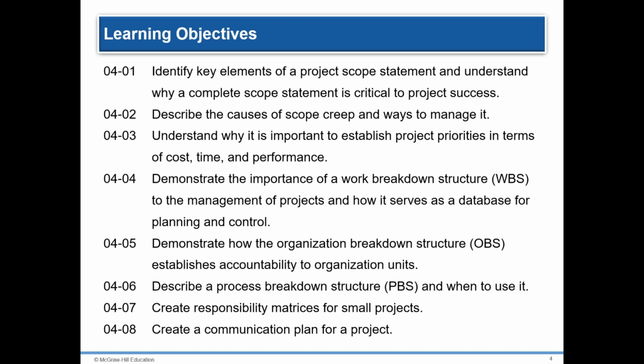Demonstrate the importance of a work breakdown structure to the management of projects and how it serves as a database for planning and control. Demonstrate how the organization breakdown structure establishes accountability to organization units. Describe a process breakdown structure and when to use it. Create responsibility metrics for small projects and create a communication plan for a project.